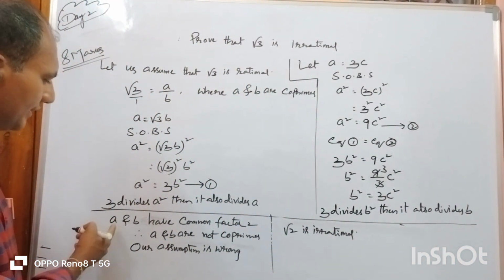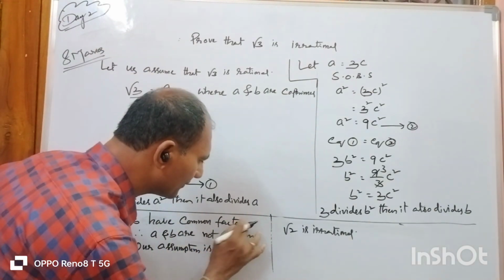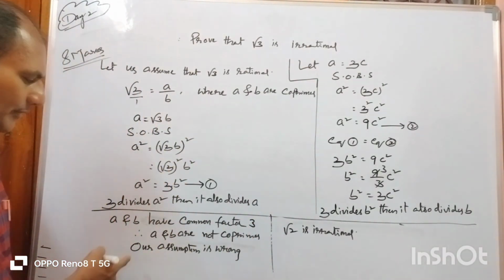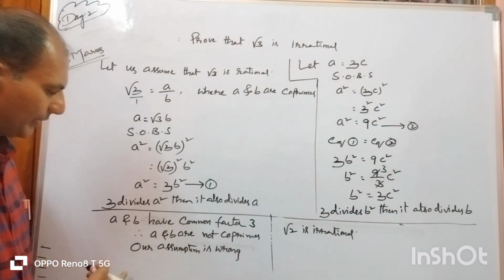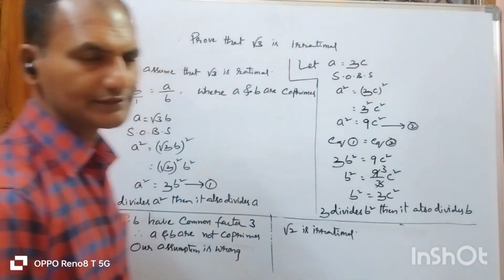So a and b have a common factor, 3. So a and b are not co-primes. So our assumption is wrong, so root 3 is irrational.